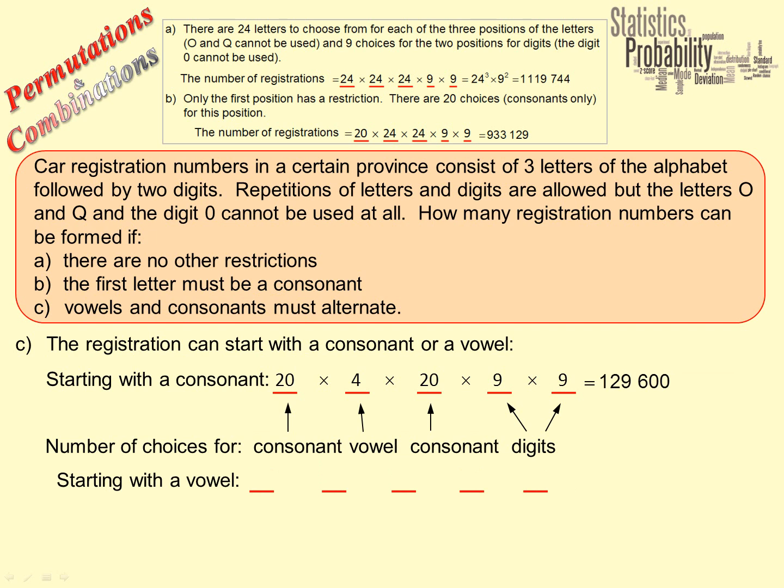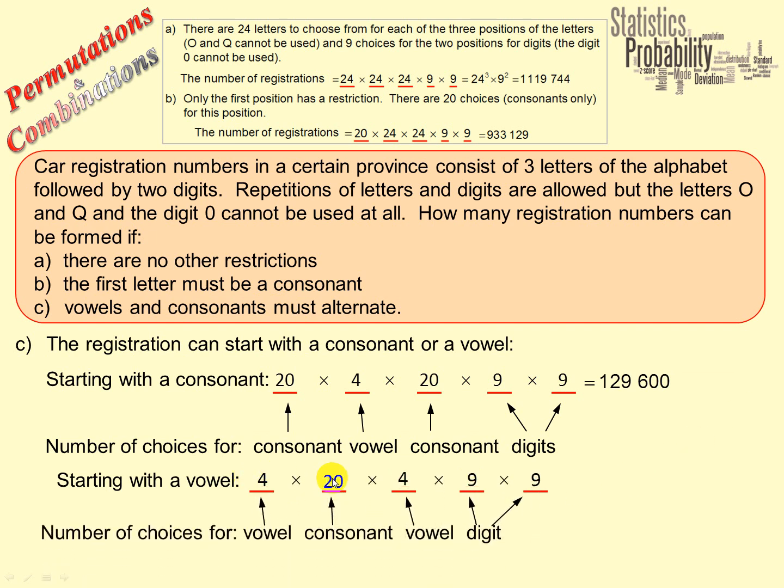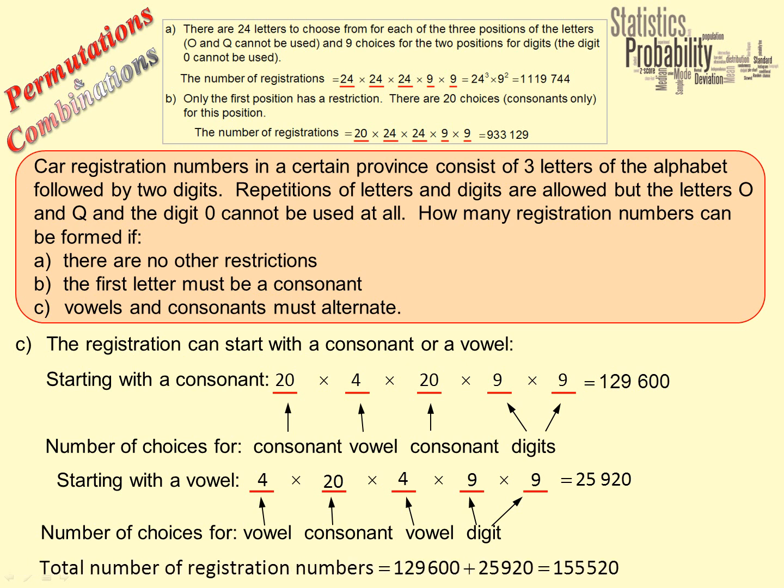Right, so we have 4 options for the vowel, then 20 for the consonants, and so on. We're trying to find consonant or vowel. There we are. So we add them together and we get our final answer.